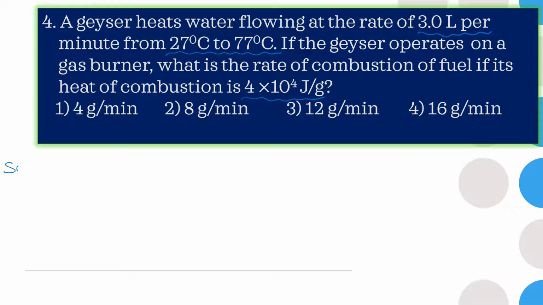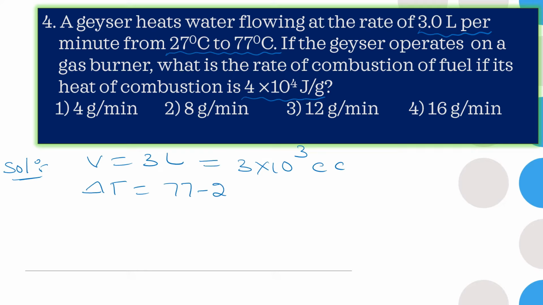Let us go to the solution. V is equal to, they have given as 3 liters, that is equal to 3 into 10 cubed cubic centimeter. Delta T is the temperature difference, that is 77 minus 27, that is 50 degrees centigrade.